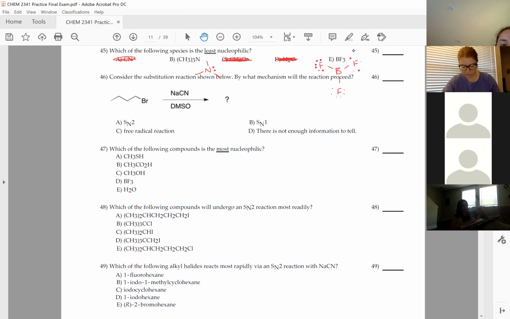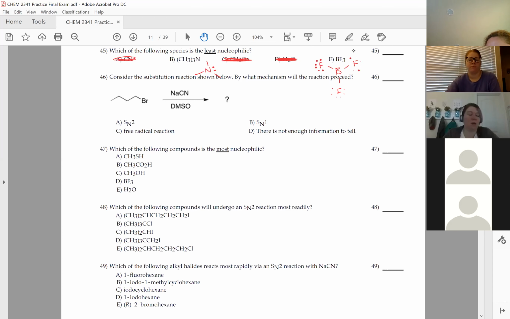Okay, what do we know about BF3? When have we seen boron used in a reaction? Hydroboration, but that's BH3. Right. But that kind of shows us the only time that we've ever seen boron used was in electrophilic addition, right? The thing about boron is that there's going to be a very large partial positive with a partial negative on the fluorines.